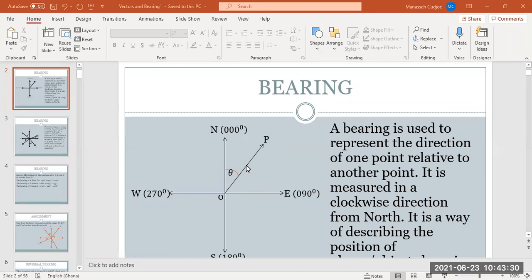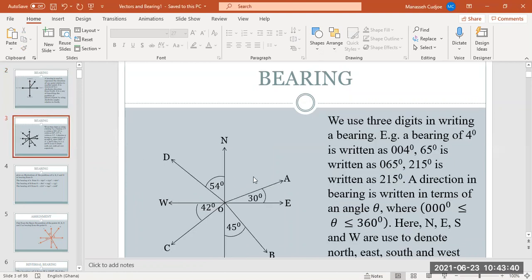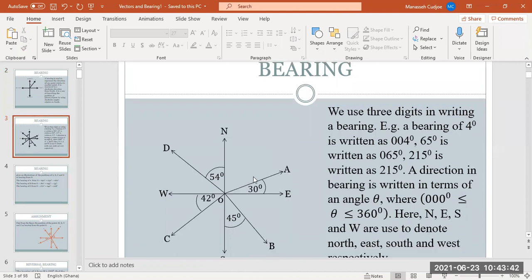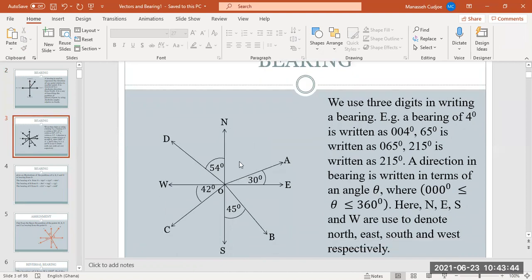Now take note, bearing angles are always written in 3 digits. For instance, I'm looking at the bearing of A from O. Once I have my cardinal point, I'll face my north and I'll move in the clockwise direction.